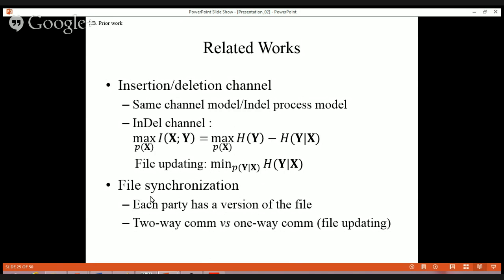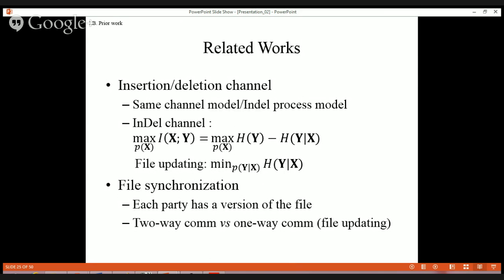Another related work is the file synchronization problem. We have shown some prior work in the previous table. The difference from our work to the file synchronization problem is, firstly, in the file synchronization problem, each party only has one version of the file, while in our problem, the encoder has both versions of the file.